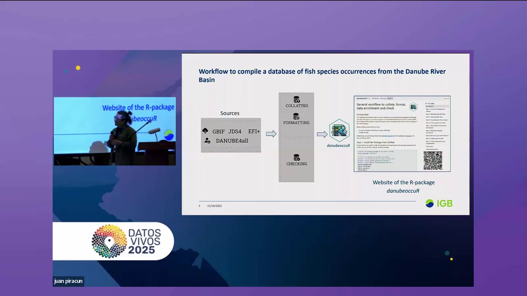You are seeing in the slide a screenshot of the website of this package. If you scan the code, you can go, for example, to one of the vignettes of the R package and see in more detail the workflow we followed to collect, format, and check the database.